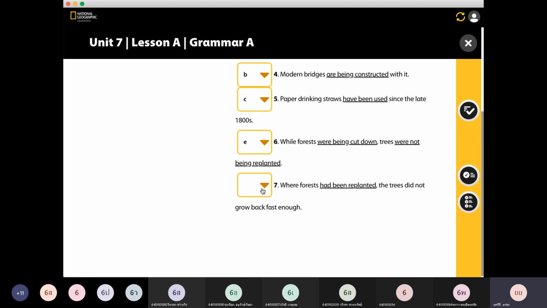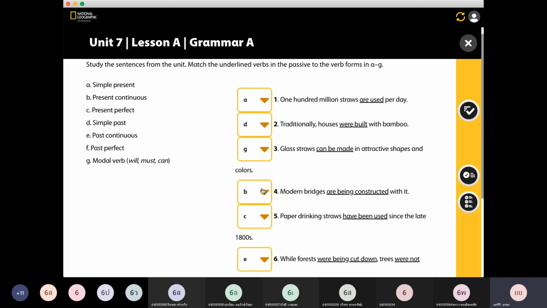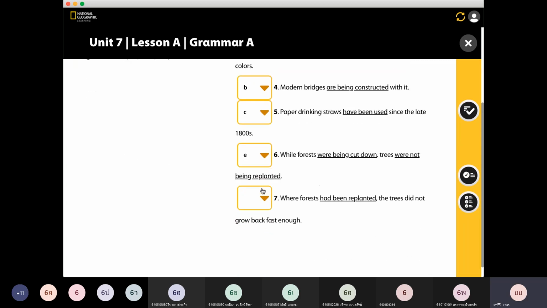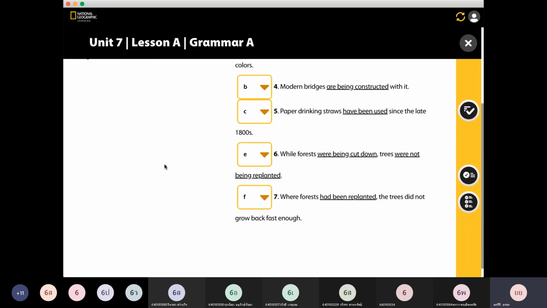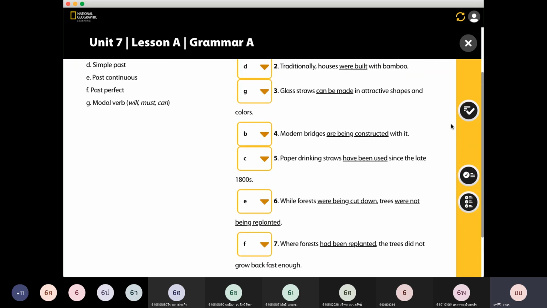And the last one, so we have A, B, C, D, E, so the last one should be the past perfect here.